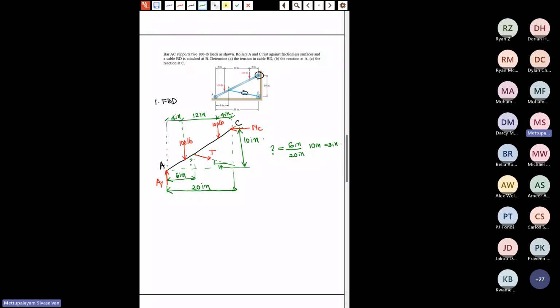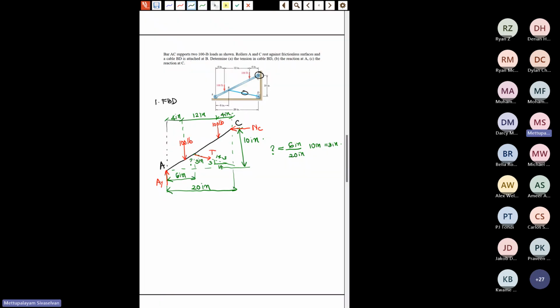So this here is 3 inches. And this is the square root of 3 squared plus 14 squared. Okay. That equals 14.3. Okay. All right. So that gives us all the information we need to eventually write equations of equilibrium.